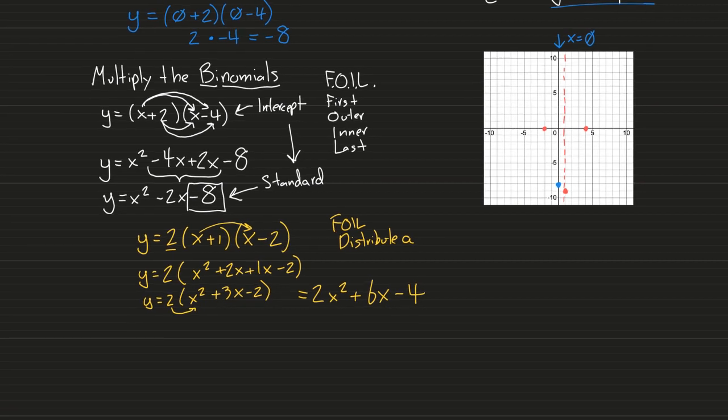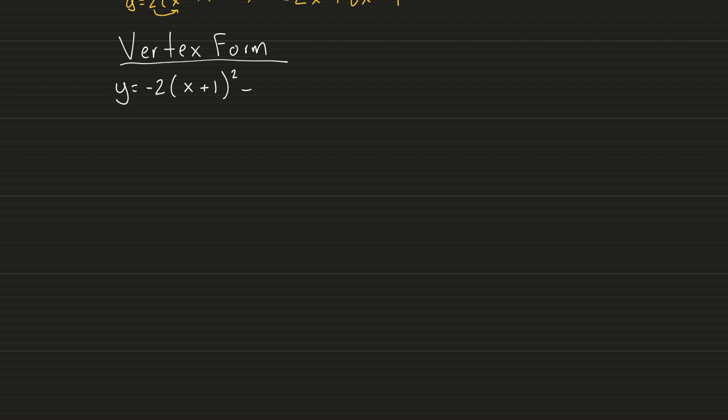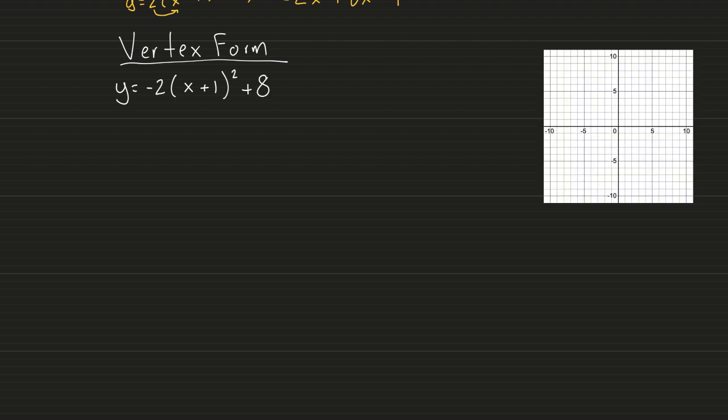Now, of course, it would be nice to take vertex form and do the same thing. So an example of a vertex form quadratic might look like y equals negative 2 times x plus 1 squared plus 8.